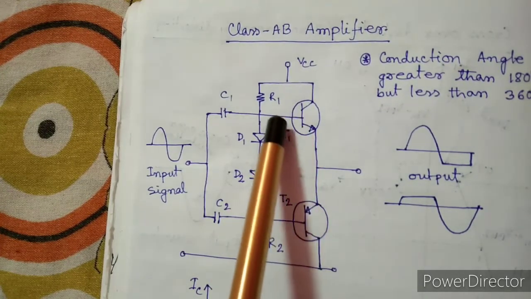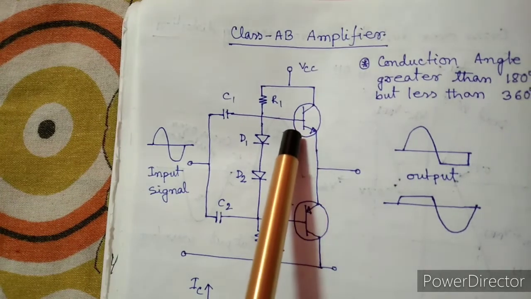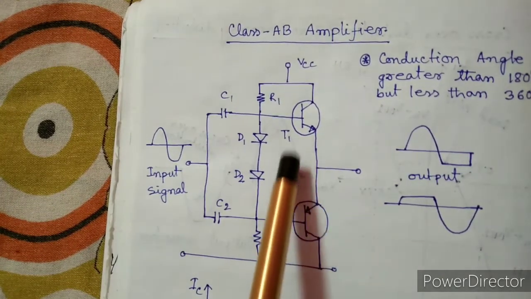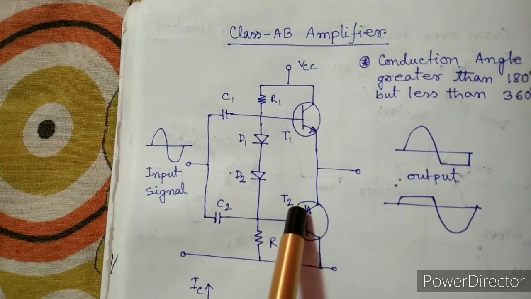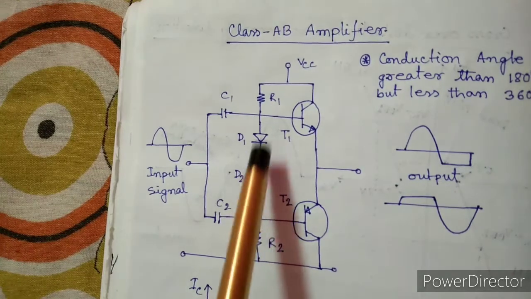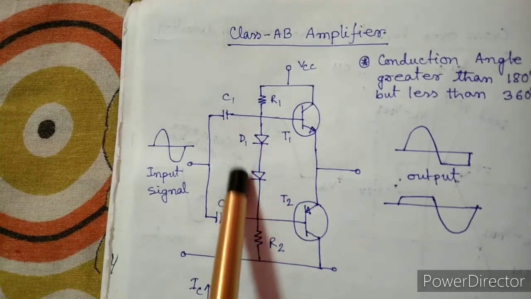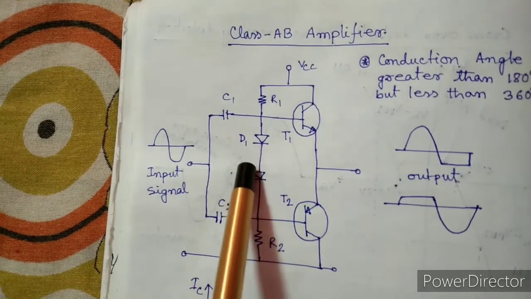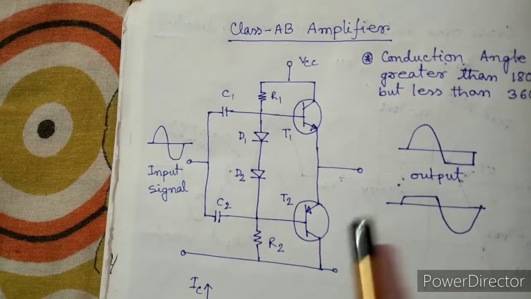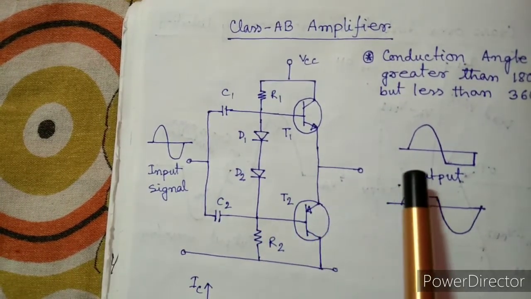So, we can see that here the potential drop is 0.7, and here the potential drop is 0.7. So, the total potential drop across here is 1.4. Same here, across D1 and D2 the potential drop is 1.4 volt. Due to that, we will not get any crossover distortion problem.